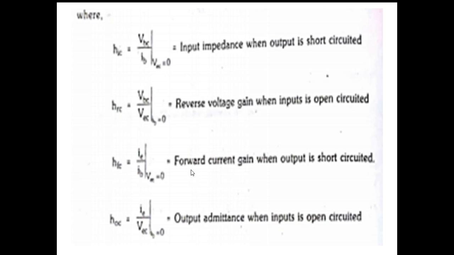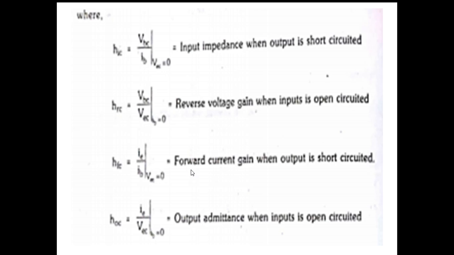Next parameter HFC, where HF is the forward current gain, when output is short circuited, meaning output voltage is equal to 0. When the output voltage is 0, the current gain is defined as IE by IB, where IE is the output current and IB is the input current.